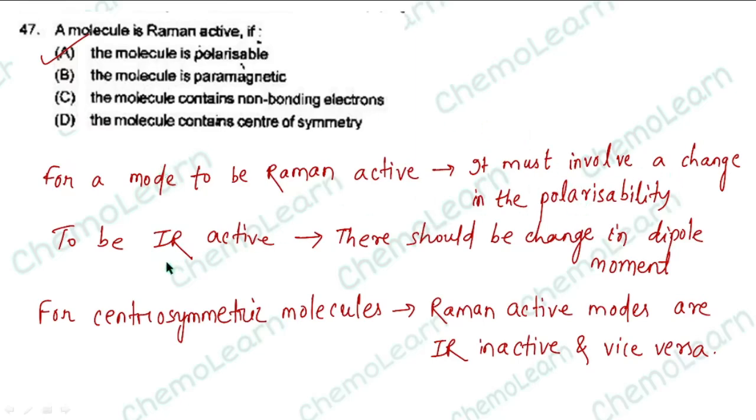And to be IR active, there should be a change in dipole moment. And what is the mutual exclusion principle? For a centrosymmetric molecule, Raman active modes are IR inactive and IR active modes are Raman inactive. This is the mutual exclusion principle. So option A will be the right one. The molecule is polarizable for Raman active.